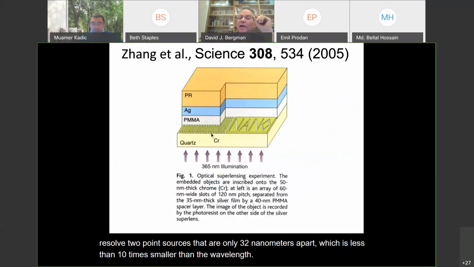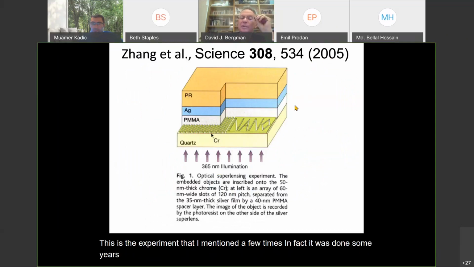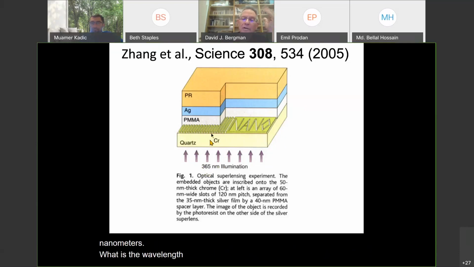This is the experiment that I mentioned a few times. In fact, it was done some years before this theory was done. There were other theories. What they did here, they had a plane wave illuminating this system at 365 nanometers, was the wavelength. Then this was a quartz on one side.